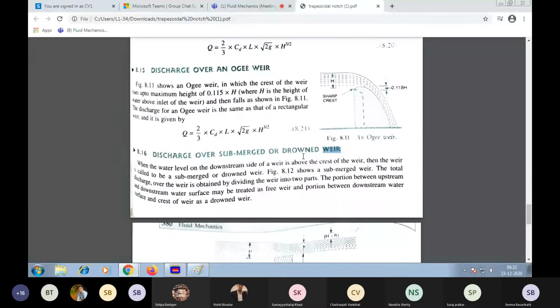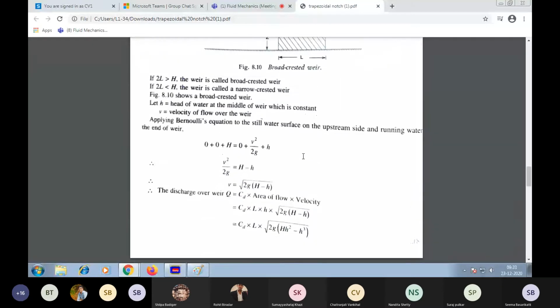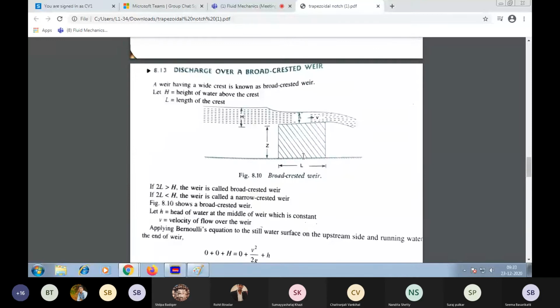In the previous derivation, we took two sections, where in the first case the water was not overflowing, and in the second case the water was overflowing. While deriving Bernoulli's equation, in the first section the water was just coinciding with the crust, and in the second section the water was overflowing the crust.